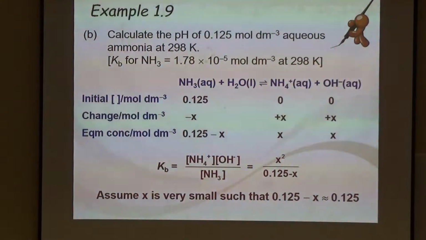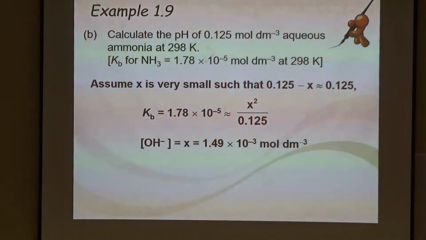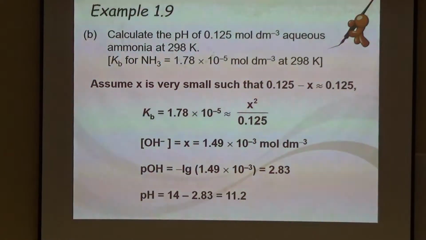Okay, can I move on? Any objections? Okay. So concentration of OH minus is 1.49 times 10 to the minus 3 mole per dm cubed. pOH will be 2.83. pH is 14 minus 2.83, which is 11.2.